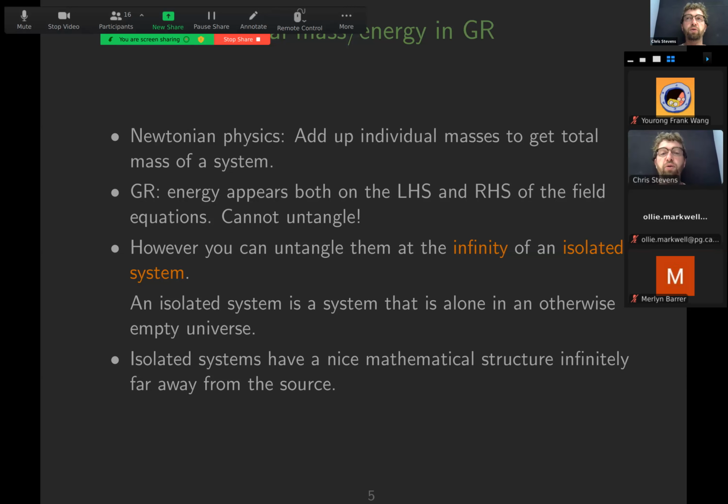So it seems then that if we want to look at these notions of energy or even gravitational radiation properly, we need to get to infinity.